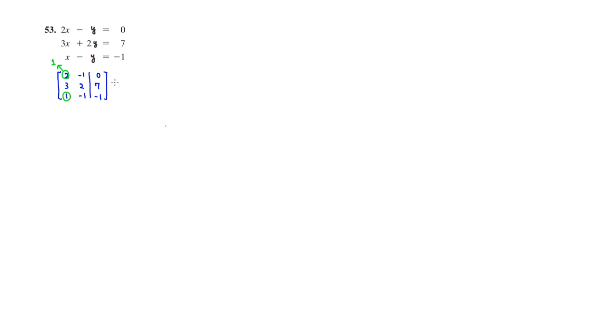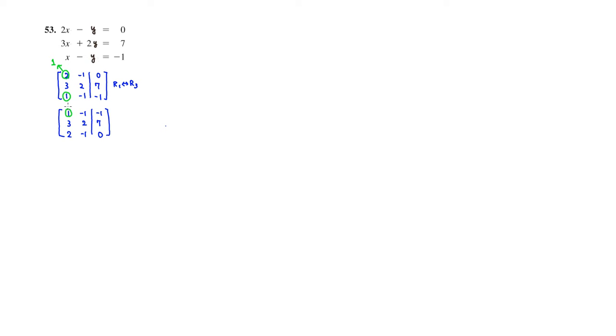I'm going to take row 1 and row 3 and swap them. So we have a new matrix. The third row becomes the first row, 1, -1, -1. Second row stays the same, 3, 2, 7. Then the first row becomes the third row, so you have a 2, -1, 0. So now we have 1 there.